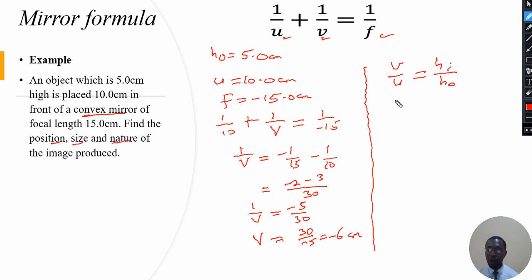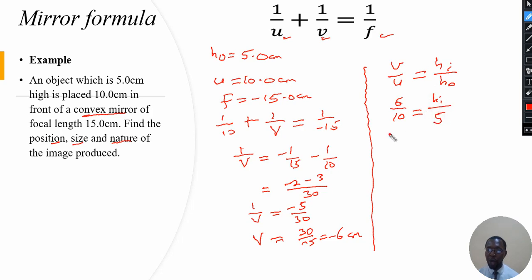So we say now that 6, replacing v with the value 6, over u with the value 10, equals h_i, that's what we are looking for, over h naught, which is 5.